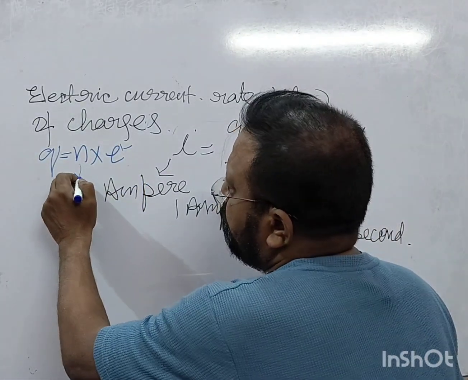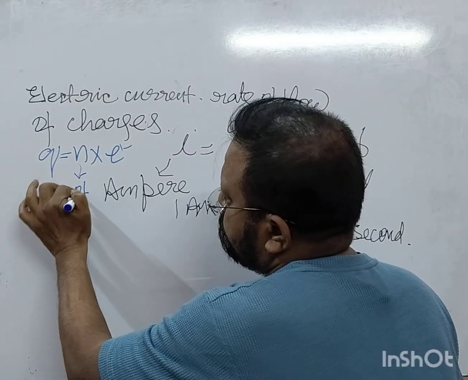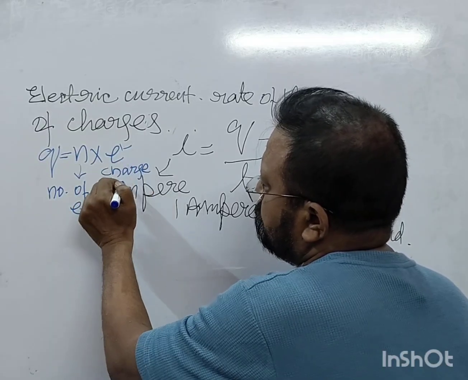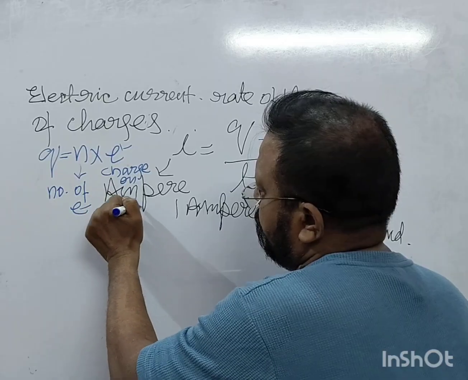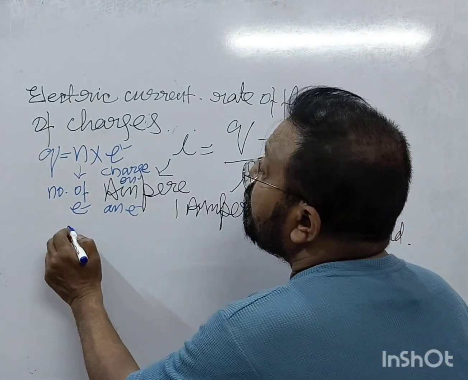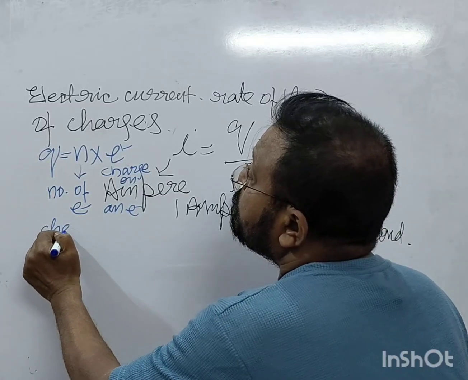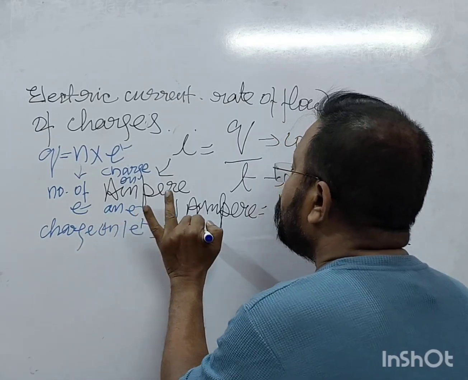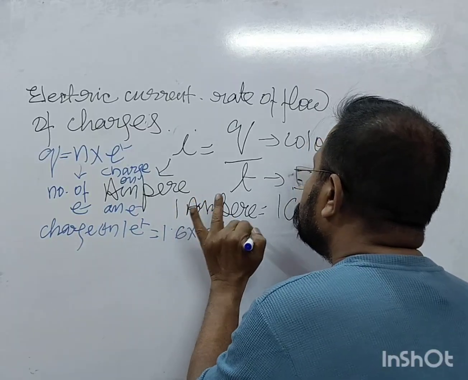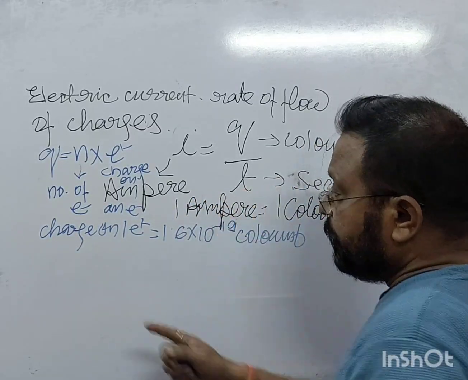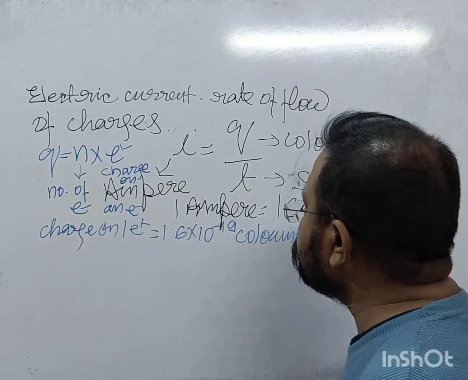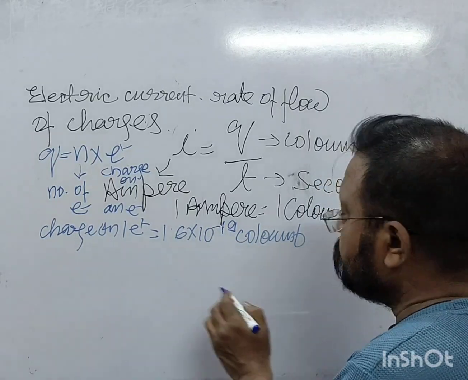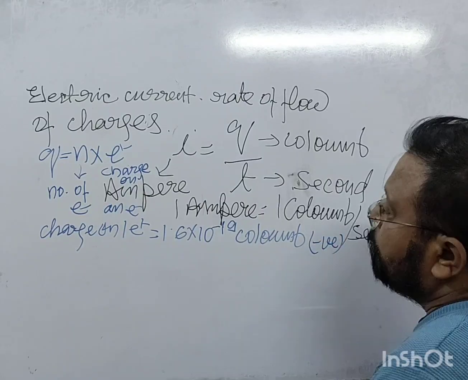The charge on one electron is 1.6 into 10 to the power minus 19 coulomb, and it is negative for an electron.